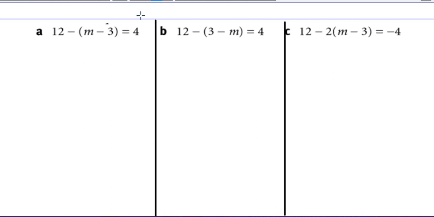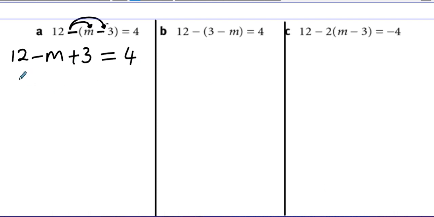Okay, so we have some brackets here, expand the brackets, negative times m, and then negative times negative. See that? So 12, but when you do negative times m, this will be negative m. And negative times negative, that will be positive 3, equals 4.